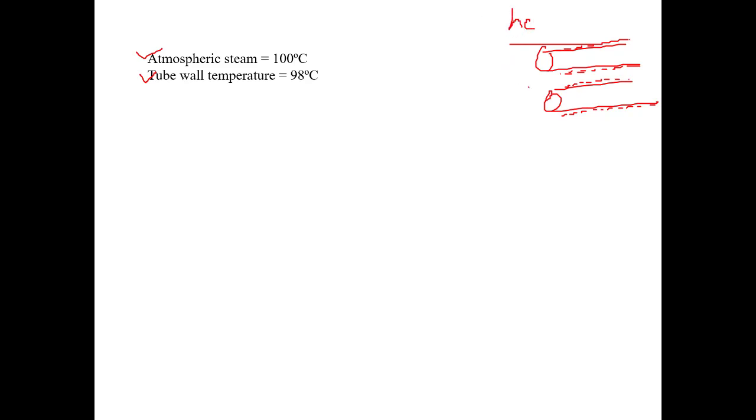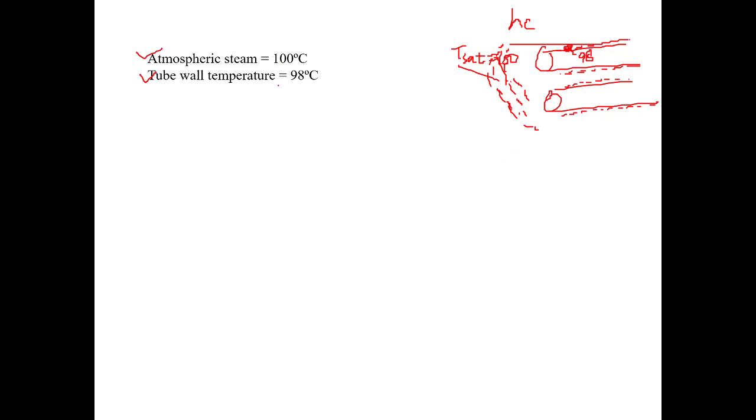Okay, and also we know the temperature at the tube wall, that is 98 degrees centigrade, and the steam is here in the shell. So the temperature of the steam is actually T saturation, that is 100 degrees centigrade. Because in the question we are not given any properties, we have to look those properties up in the steam table.